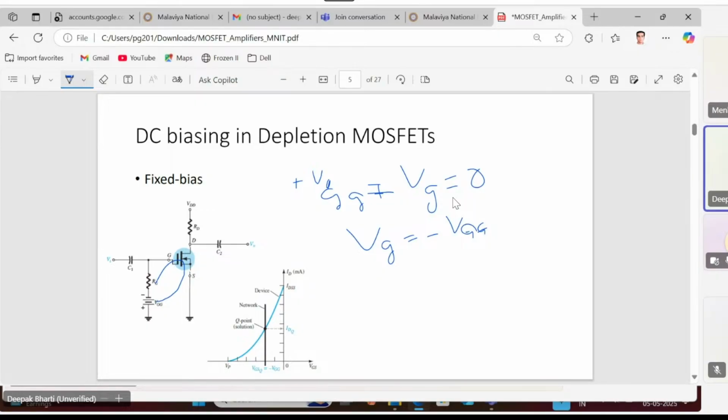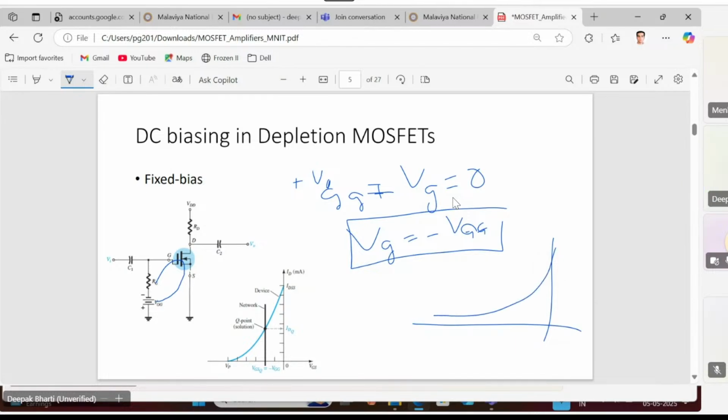And now we have to plot this equation, VG equal to minus VGG, on the transfer characteristics of the depletion MOS. So ID versus VGS.